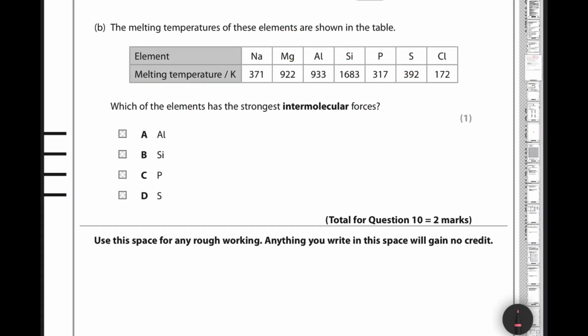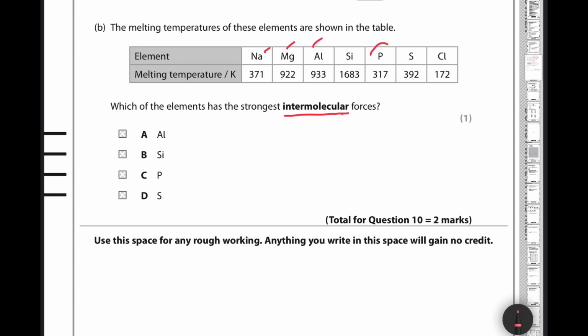Part B is asking which of these elements has the strongest intermolecular forces. Now let's look at the elements. Sodium, magnesium, aluminium, these are all metals and they have metallic bonding and they do not contain intermolecular forces. Silicon is a giant three-dimensional macromolecule, so it has its own set of forces. It's not intermolecular forces.